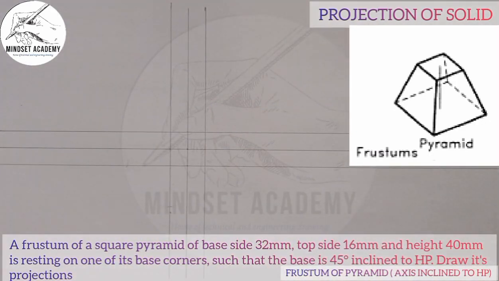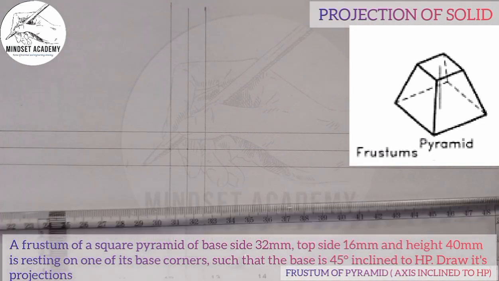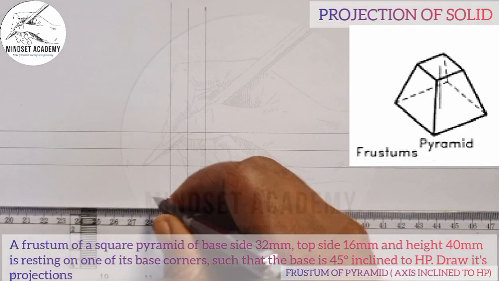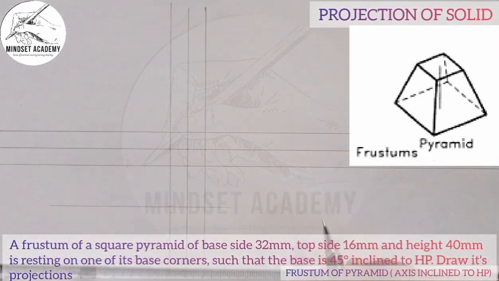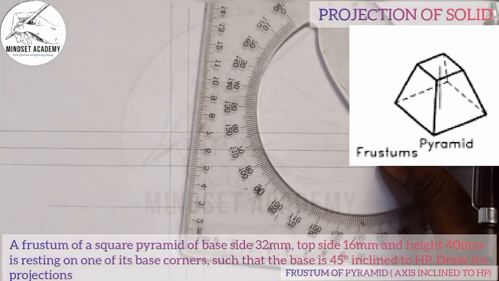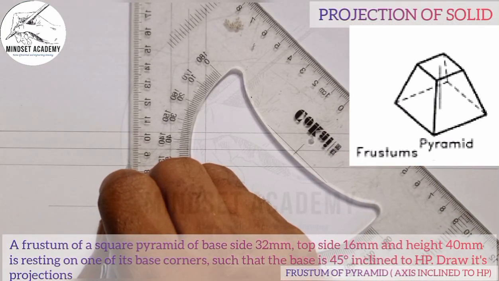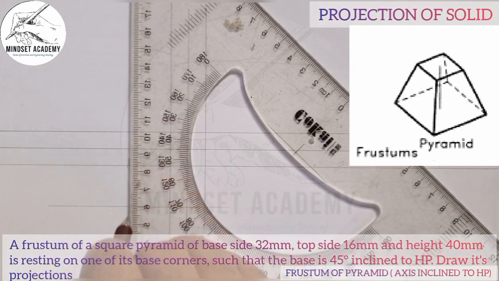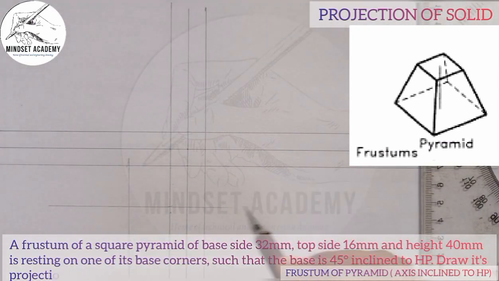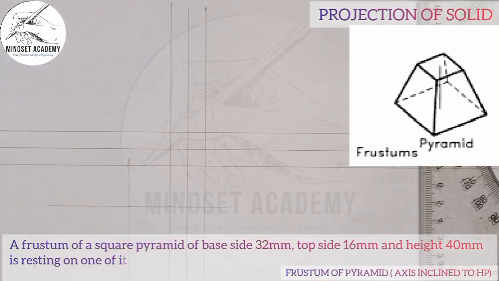I will draw my faint line in this manner and my faint line in this manner. You can do yours any way, it doesn't change anything. And this is where they are meeting, right?